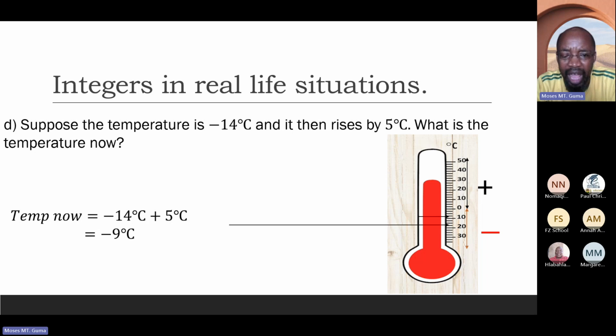It rises by 5. It goes there. It means it would be negative 14 plus a 5, because when you go up, it's a plus, which would give us negative 9 degrees Celsius. Remember, negative plus 5 would actually have to be subtracted and take the sign of the bigger number.